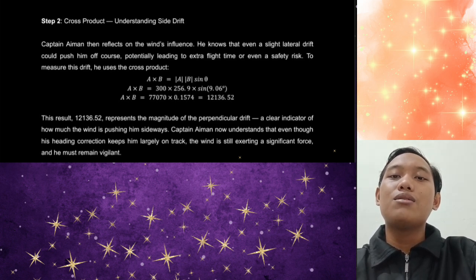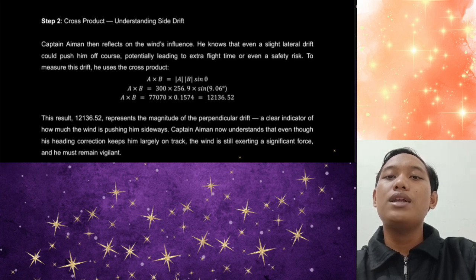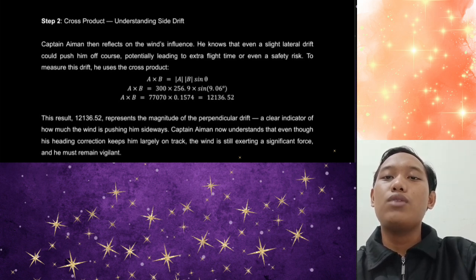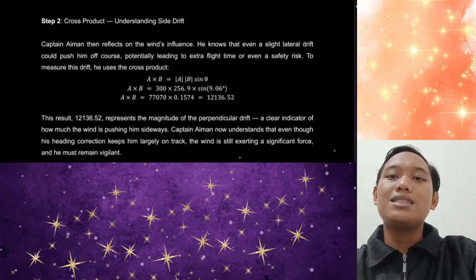Okay, this result, 12136.52, represents the magnitude of the perpendicular drift, a clear indicator of how much the wind is pushing him sideways. Captain Aiman now understands that even though his heading correction keeps him largely on track, the wind is still exerting a significant force and he must remain vigilant.